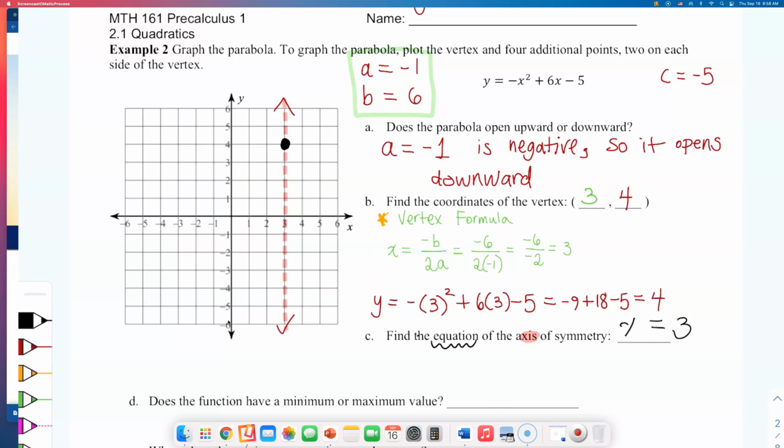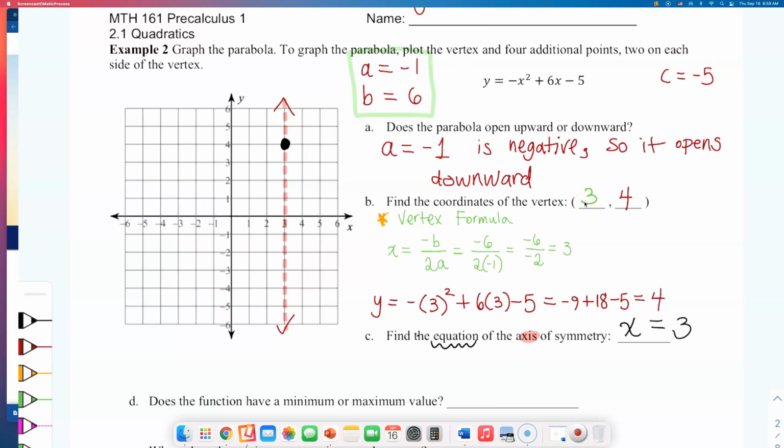So say X equals 3 because the equation of a vertical line is always X equals a number. It will be wrong to say Y equals 3 because Y equals 3, guess what it looks like? It looks like that, a horizontal line. So make sure when you are giving the equation for axis of symmetry, say X equals the X coordinate of the vertex.